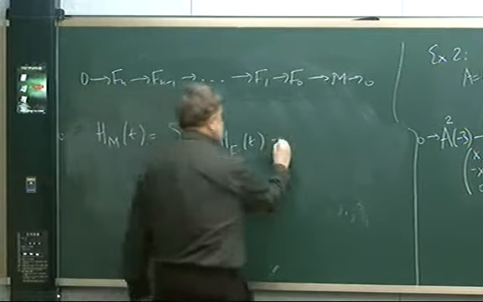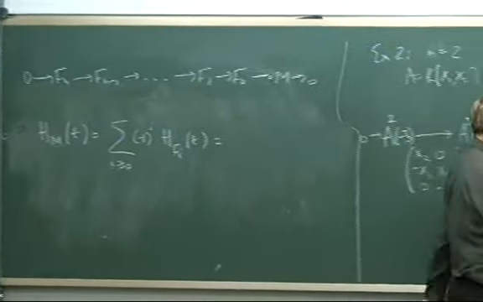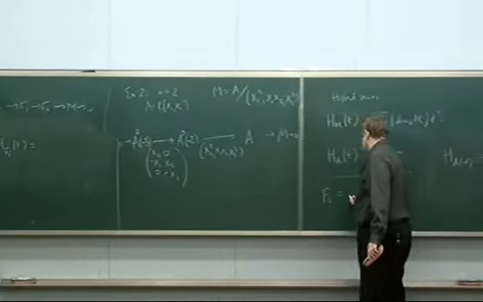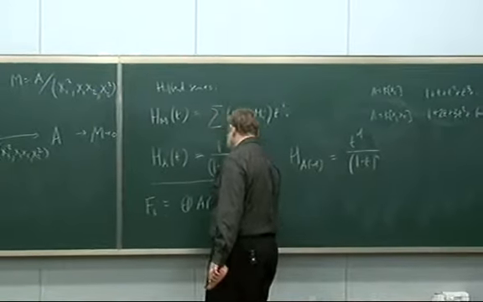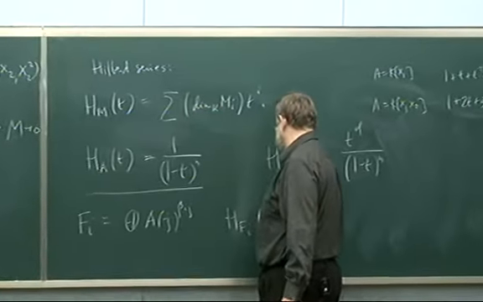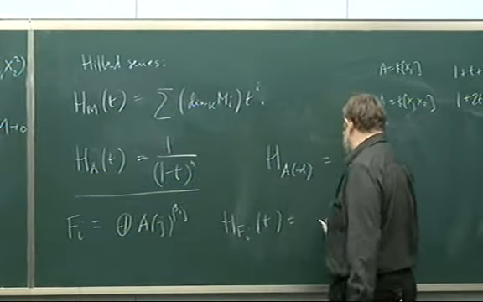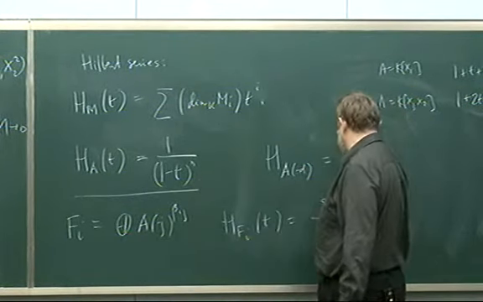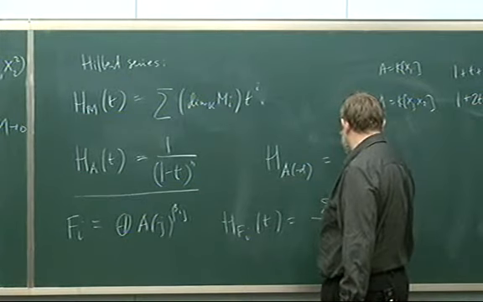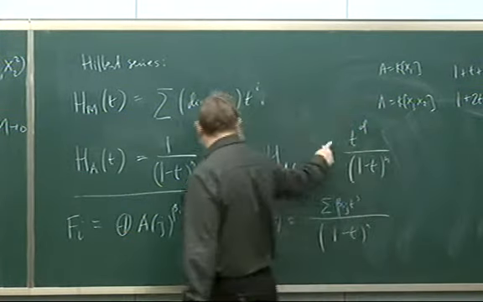But now this is very easy to calculate, because remember F_i was the summation of A(-j) to the beta_ij. So the Hilbert series of A is 1 over 1 minus t to the n, and here I get the summation of beta_ij t to the j. I just take the direct sum of this.